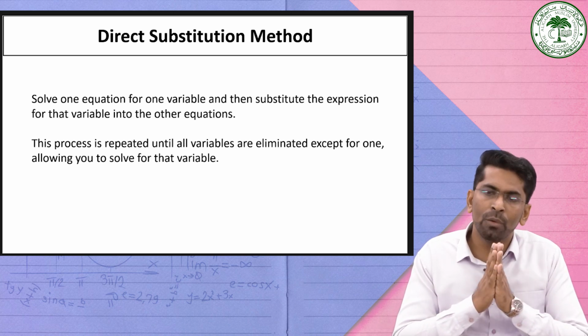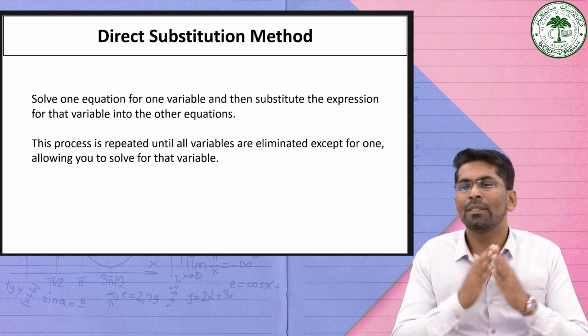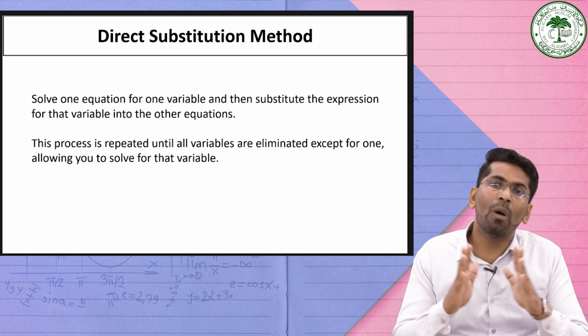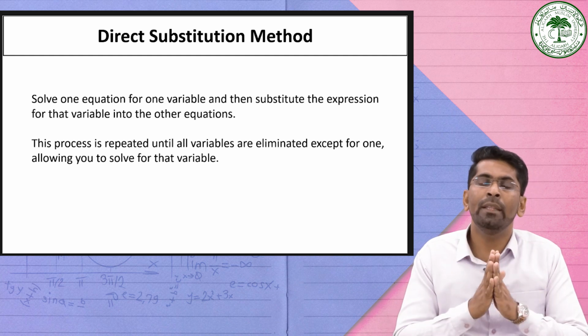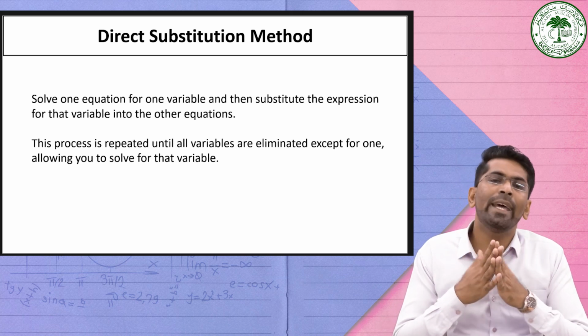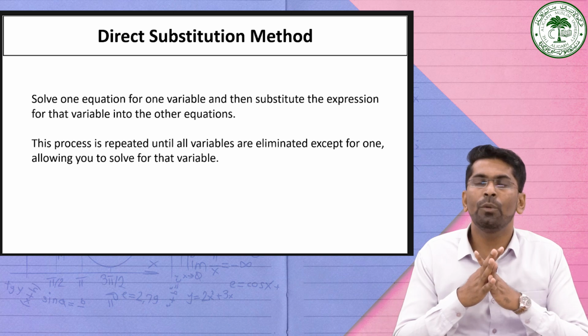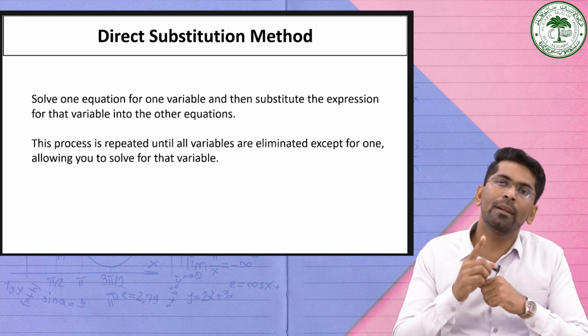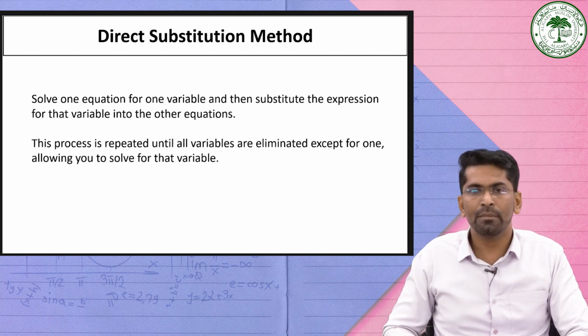We have to continue to solve the resulting system of equations until we find the value for all the given variables in the system of linear equations. So we are going to use the direct substitution method and see how we can find the solution to the system of linear equations with the 3 variable case.